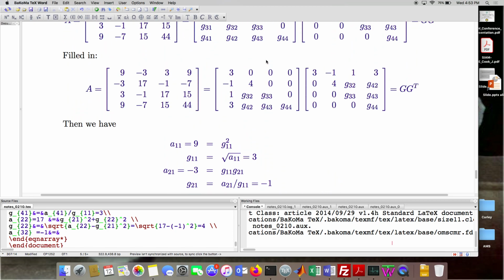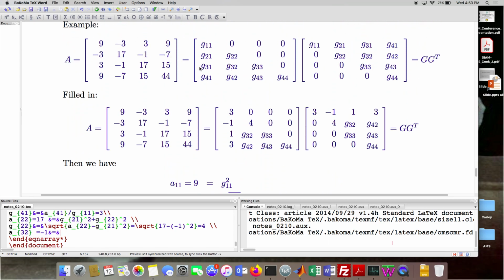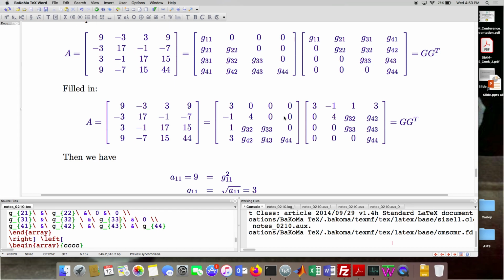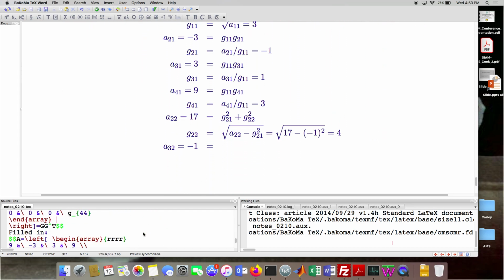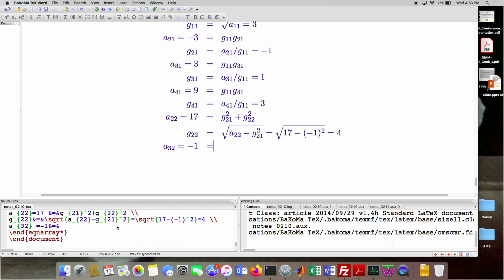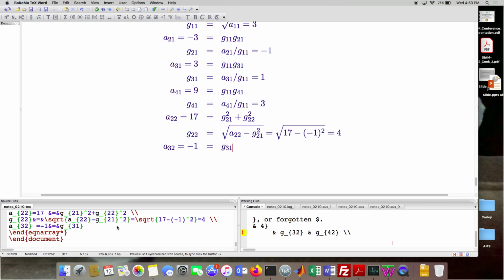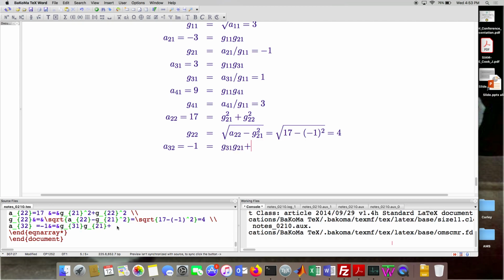So here, we're going across the third row, and down the second column. The second column only has 2 non-zero entries. We're going to have 2 terms. So G31, G21, and then G32, G22. I'll fill that in. Okay, so G31 G21 plus G32 G22.